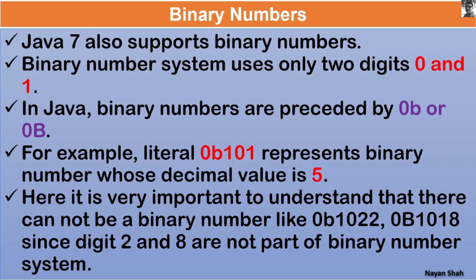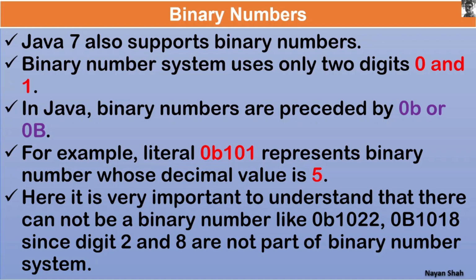Because 5 cannot be written directly in binary, we write 5 in binary format as 101. It is very important to understand that there cannot be a binary number like 0b1022 or 0b1018, and now I hope you will know why it is not possible.